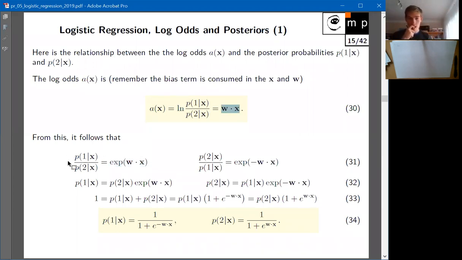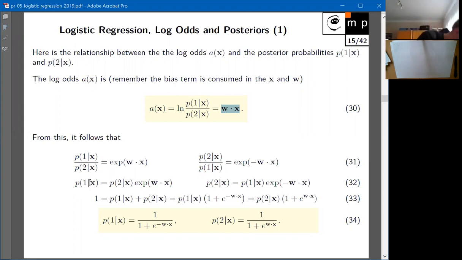The logarithm of an exponent is just the ratio. This is just like 1 over. So here the ratio changed. Multiply.